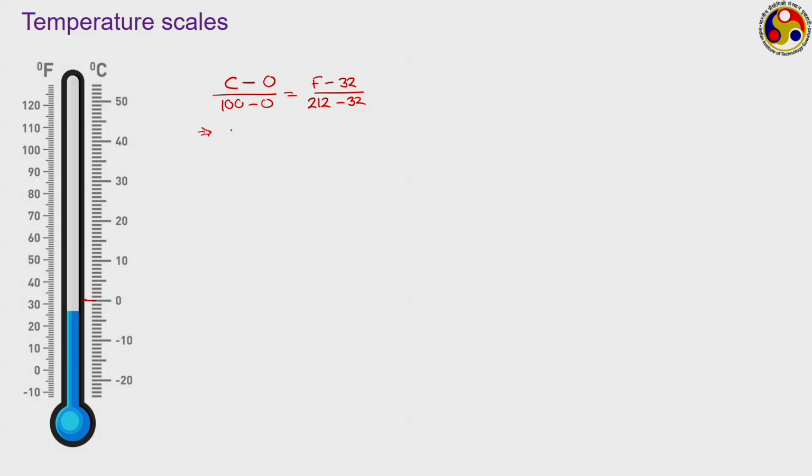That gives us C by 100 is equal to F minus 32 by 180, that is the very celebrated formula, C by 5 is equal to F minus 32 by 9. This way we can easily convert from Celsius scale to Fahrenheit scale or vice versa, and by knowing the two extreme points we can develop any other temperature scales.